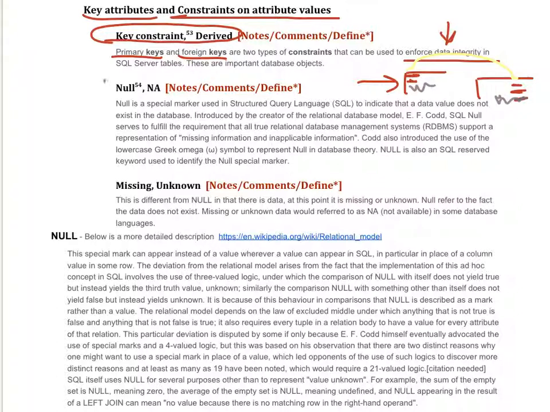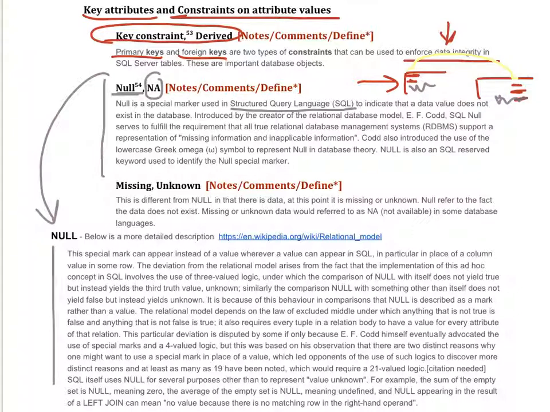This is interesting. There's some controversy over the null, and what I did here is I gave you another example. You should probably read through that and just see what it says there in terms of the null. Special marker. In a lot of places they'll say a null means there isn't a value.